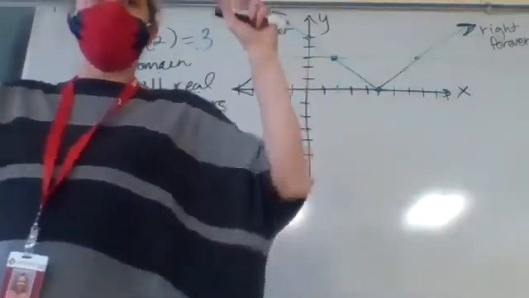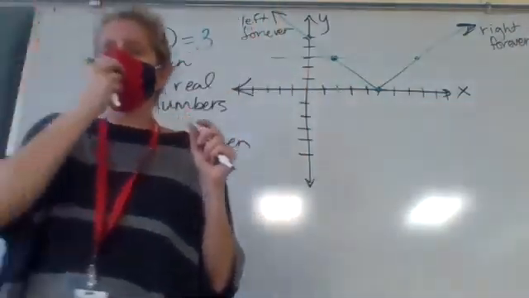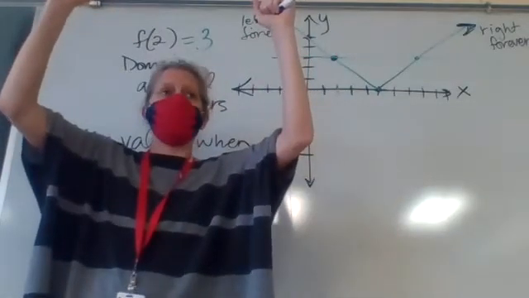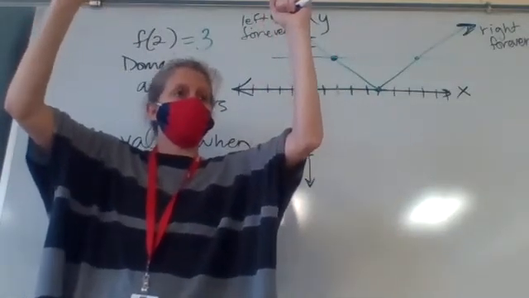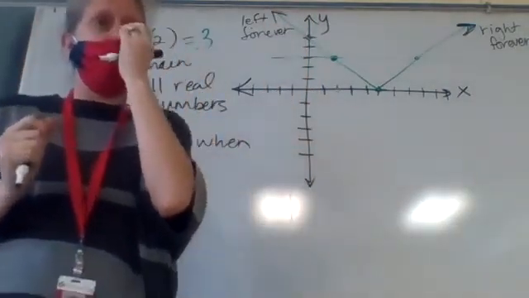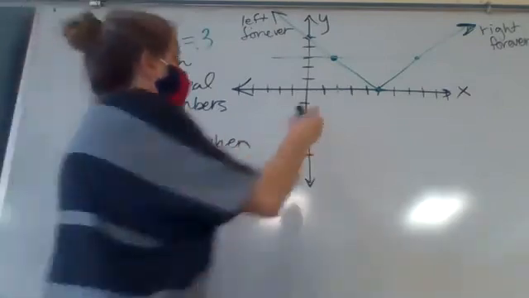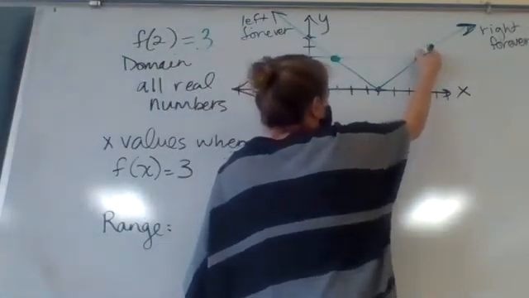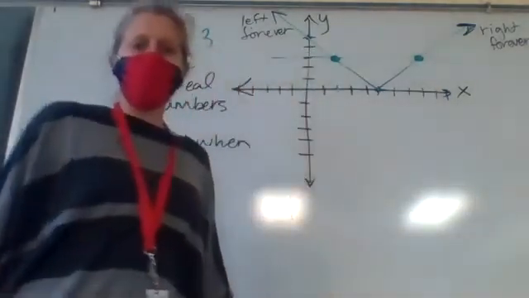If you're a point on that invisible line I just drew, that means you have gone up 3, which means what? Your y is 3. So looking at the graph, where does that occur on that green V? It occurs here and here, right?